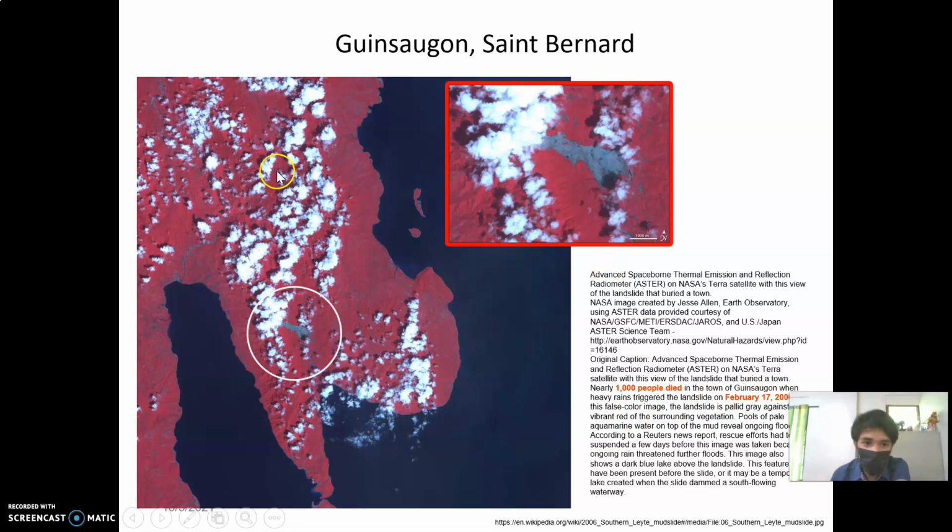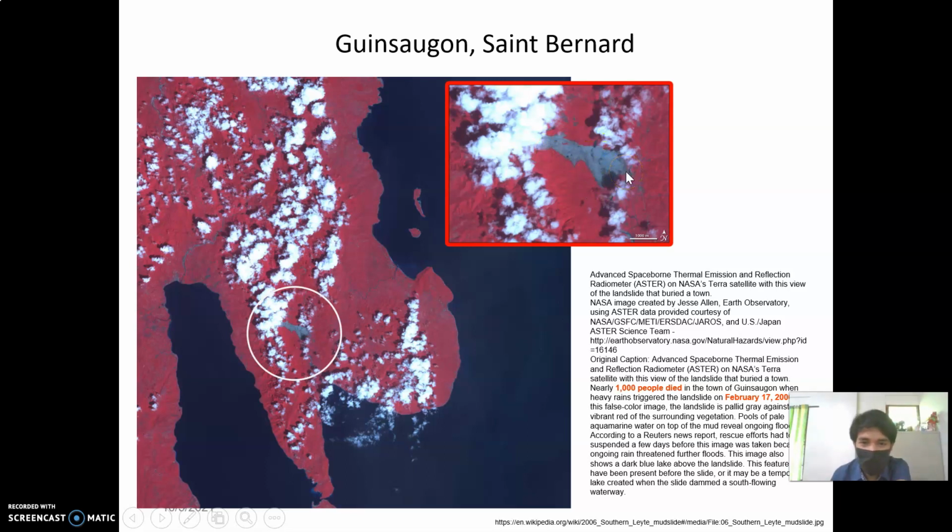So we can see here in our map, this gray area is the part where the landslide occurred. Even in the satellite images, it really shows that there was a massive landslide, because the gray color you see is bare soil.